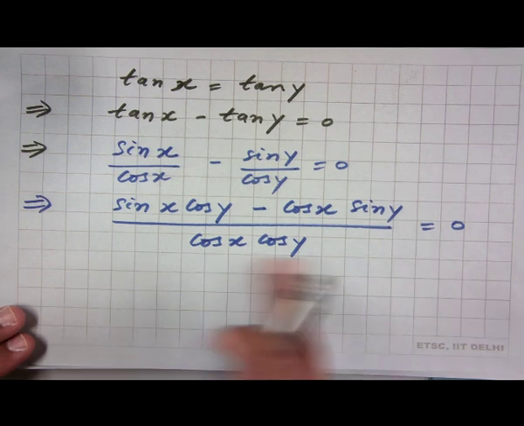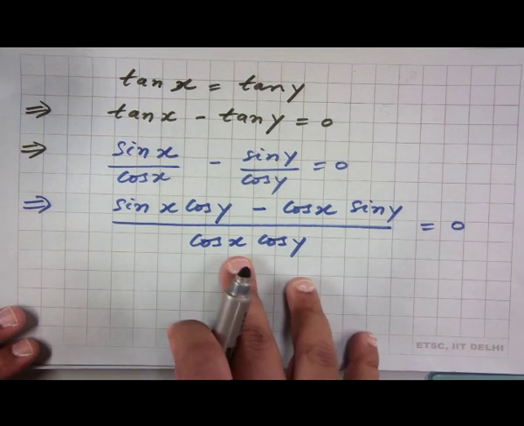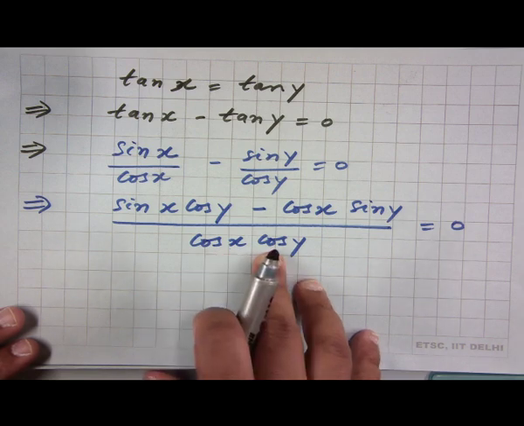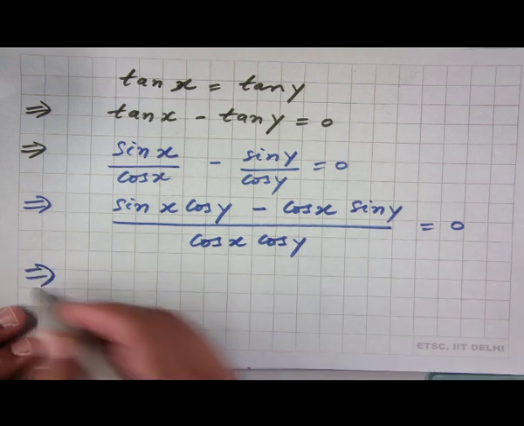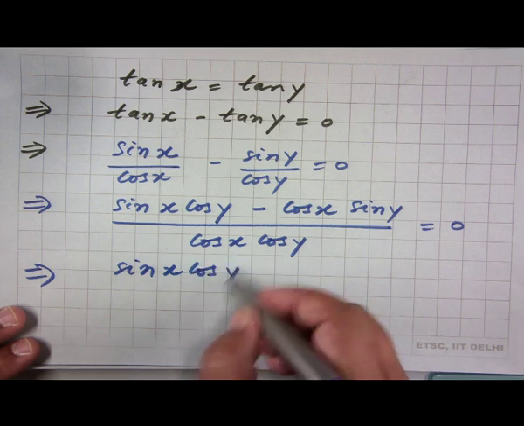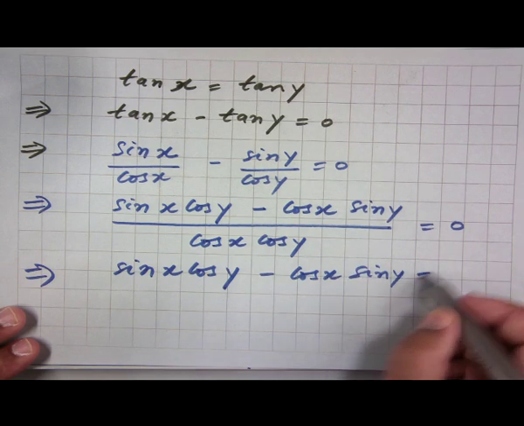But since x and y are not odd multiples of pi by 2, cos x is not 0 and cos y is also not 0, and therefore, this statement here is equivalent to sin x cos y minus cos x sin y equals 0.